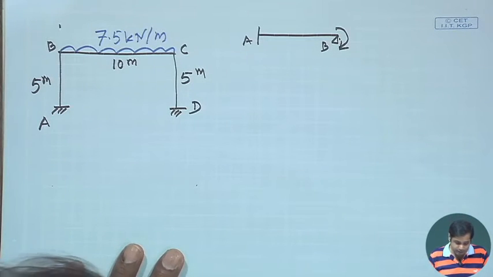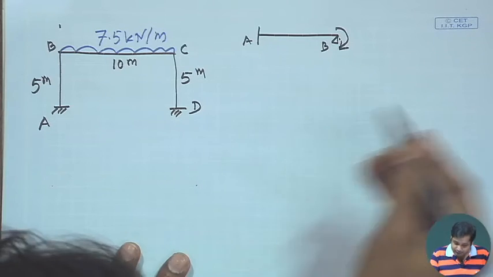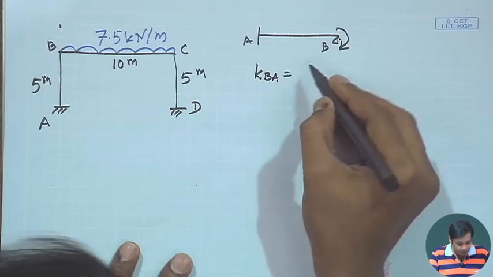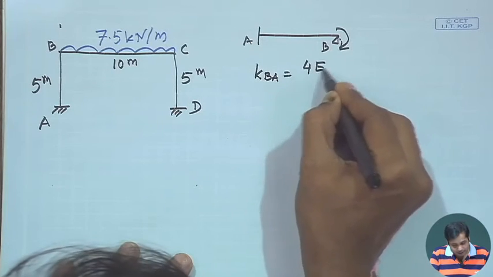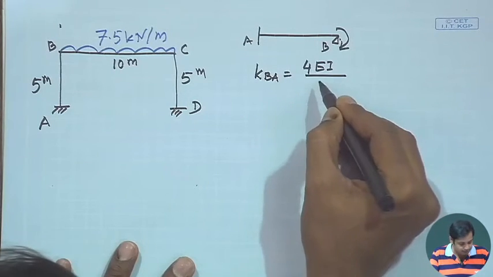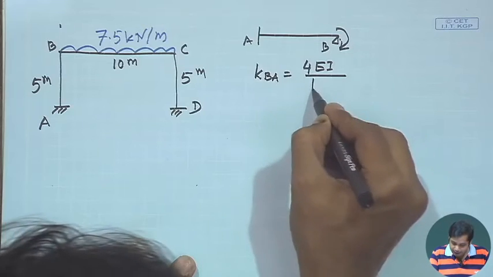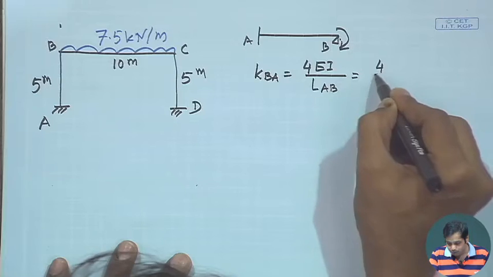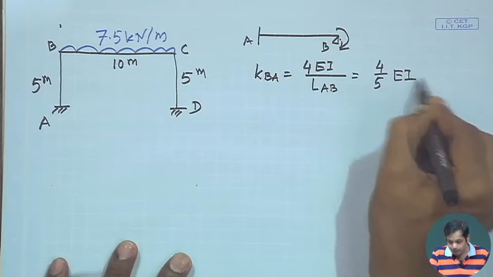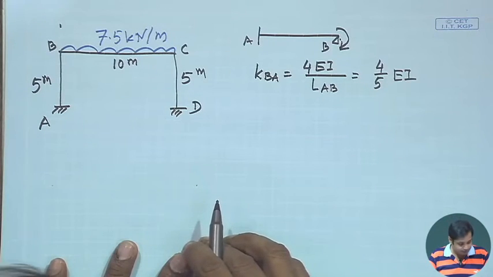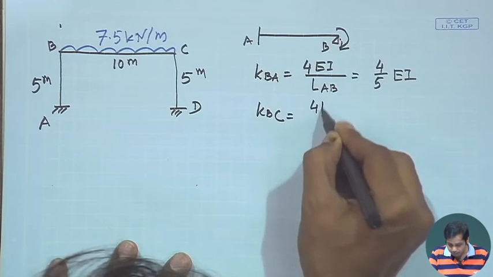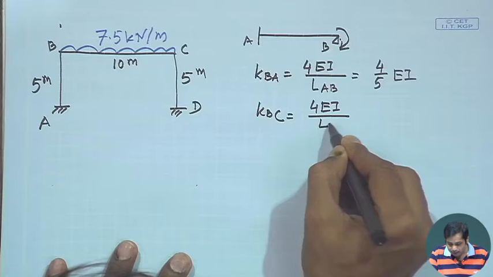Now what is the stiffness? Stiffness KBA will be 4EI by L. EI is constant, that is why I am not explicitly writing it. LAB is 5, so this becomes 4/5 EI. And then KBC is similarly 4EI by the length of BC.